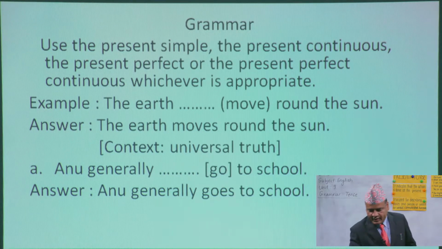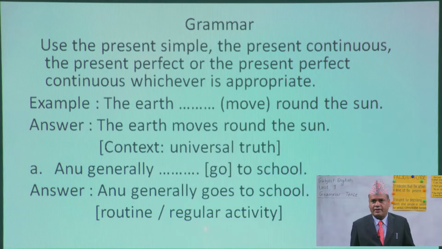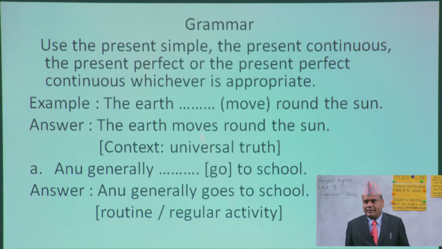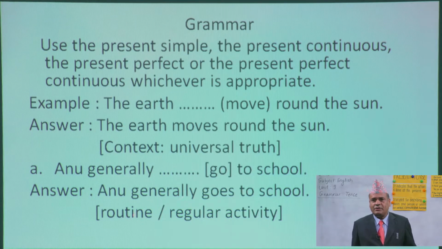Okay? And what is the context? Context is routine or regular activity. For routine or regular activity, we use simple present tense. In the example also, you find simple present because this is universal truth. And here in the first sentence also you find simple present because it is routine or regular activity.